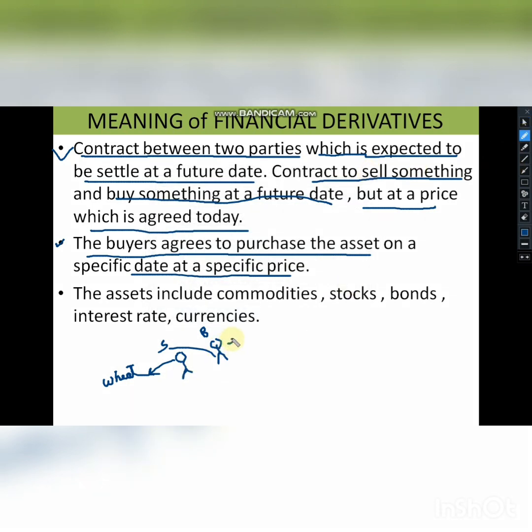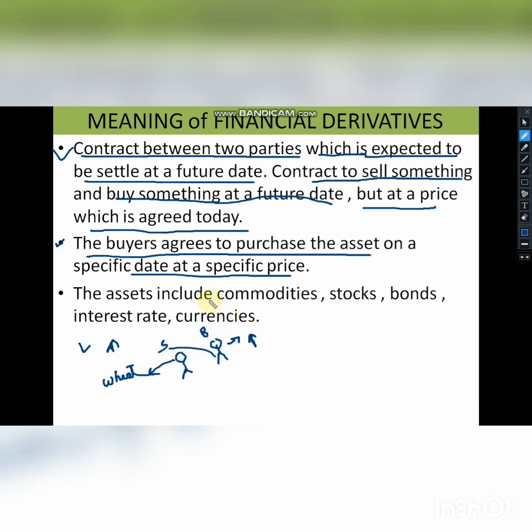So he is thinking with the perspective of rising prices, and the farmer with the perspective of lowering prices. Because of having different perspectives, this contract is made.